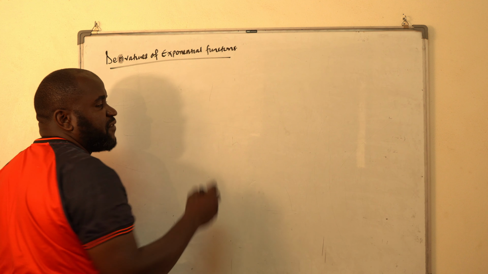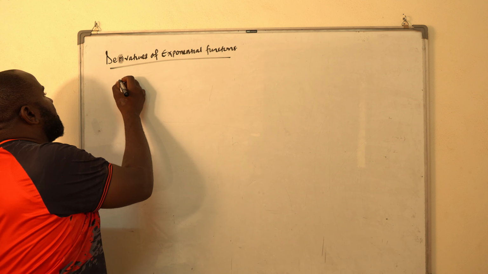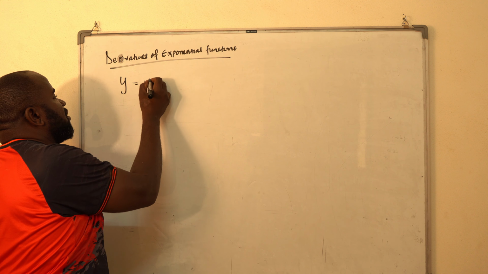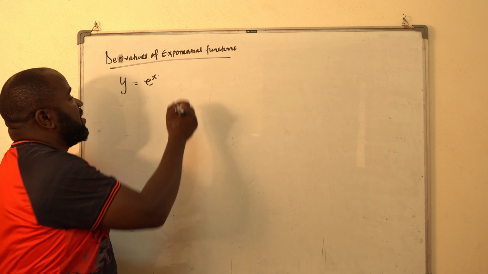So what is an exponential function? An exponential function is one which will be in the form y, for example, is equal to e of x. e is a number, definitely.